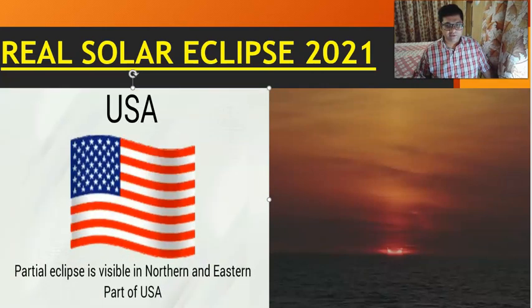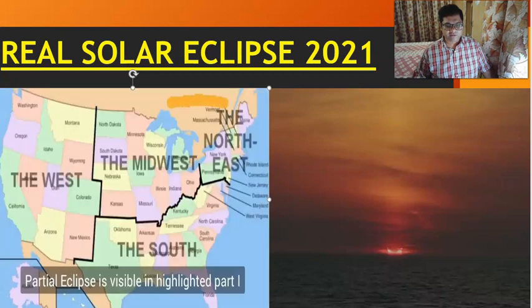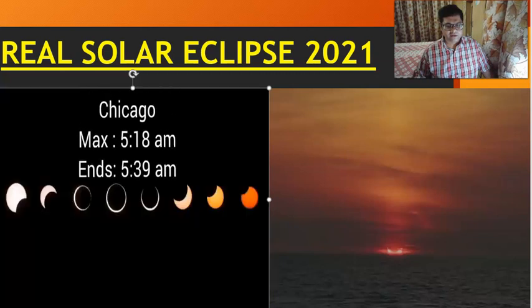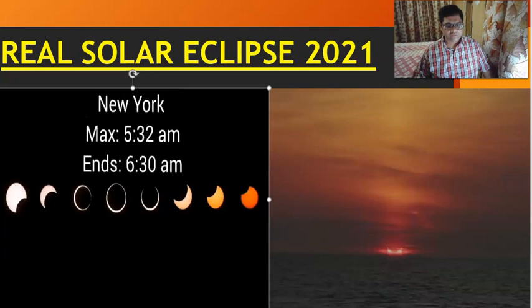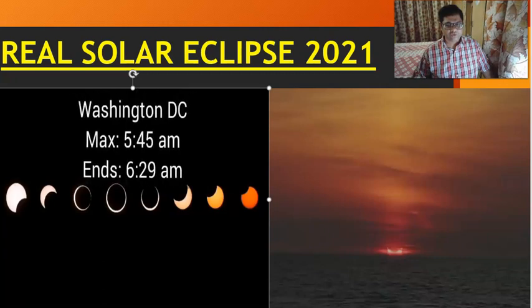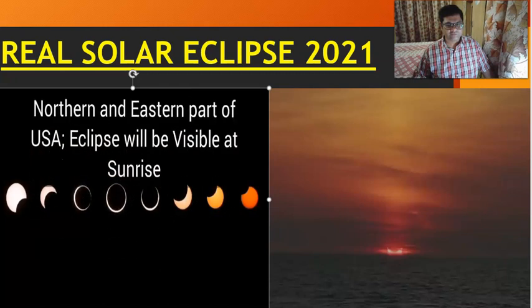In the USA, we will experience a partial eclipse. Chicago, New York, Washington DC. In the northern and eastern part of USA, the eclipse will be visible at sunrise.